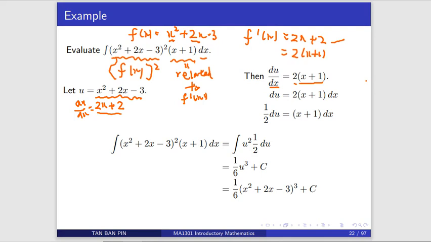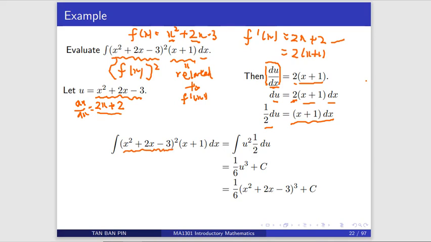And in integration by substitution, you just treat du/dx like a fraction. So you can cross multiply dx to the right hand side. So du is 2 bracket x plus 1 dx. So with that you get half du. You can divide by 2 on the left hand side. Half du is x plus 1 dx.